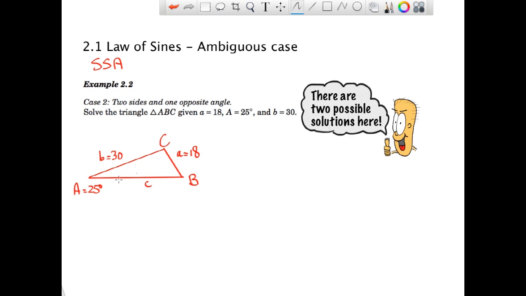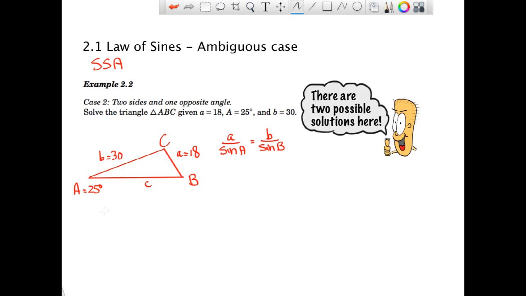But I have a pairing. I have A on side A and angle A, so I could write A over the sine of A, and that should allow me to find angle B. And once I have angle B, then I can subtract and find angle C. So here is the first pairing sort of that I want to make.